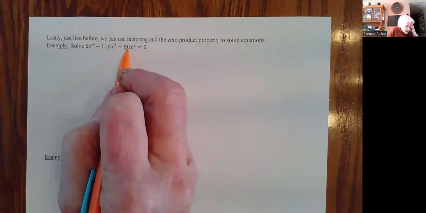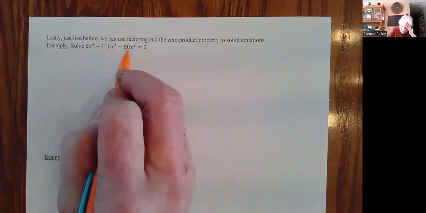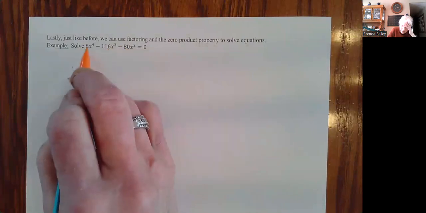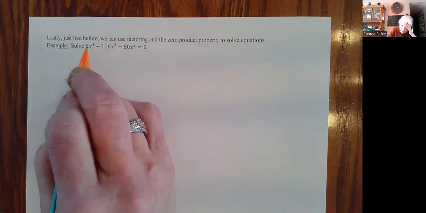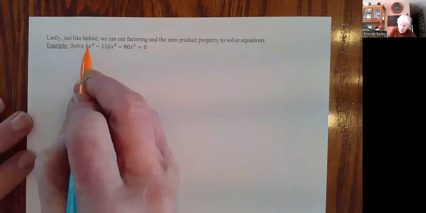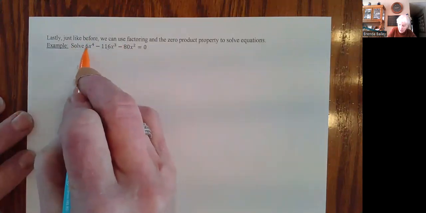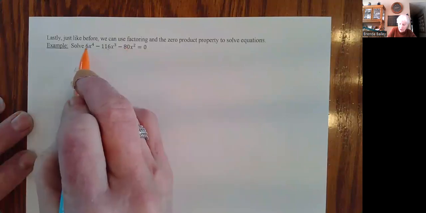A lot of times 6 does not go into 80. So, I always try to get that to a 1 by, maybe hopefully everything can be divided by 6, but they can't. The highest thing that you can divide into each of these, you could try a 3. It's not going to work. And so it looks like just a 2.